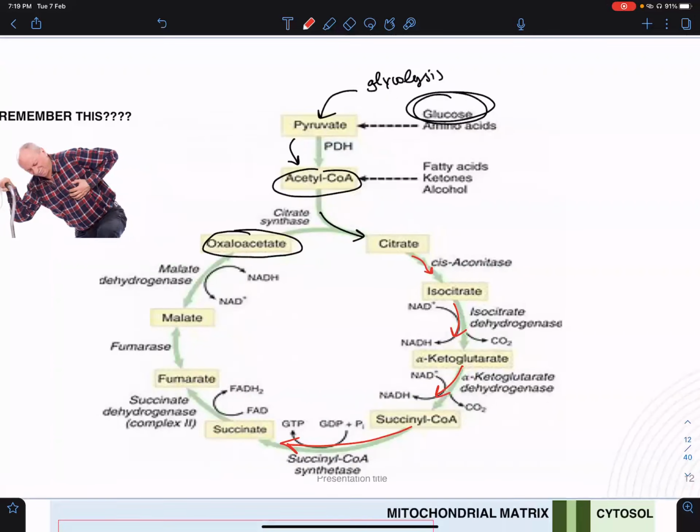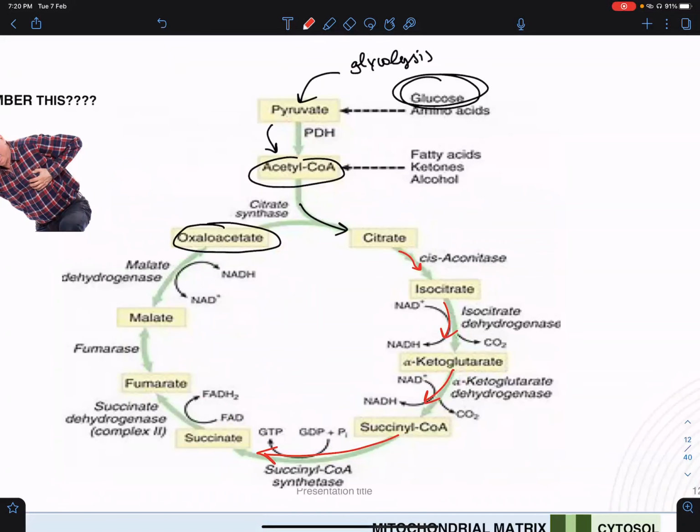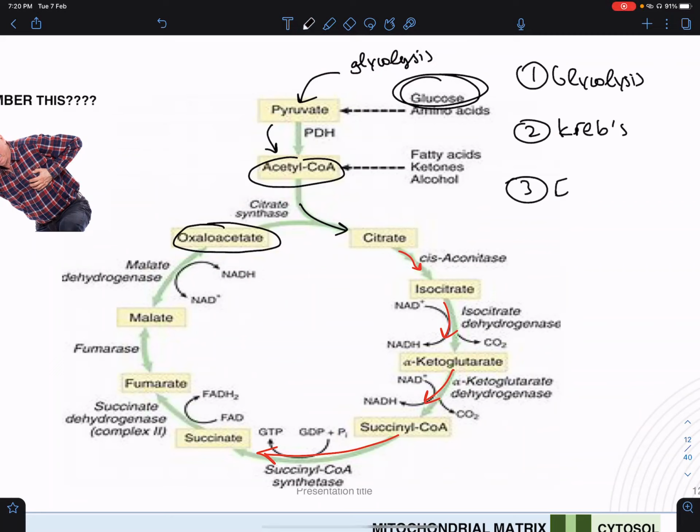So basically what happens here is, just a reminder, first we always start with glycolysis. Then you go into the Krebs cycle. Then the last thing is the electron transport chain, or oxidative phosphorylation. This is the normal flow of energy production, which all starts with glucose, right?